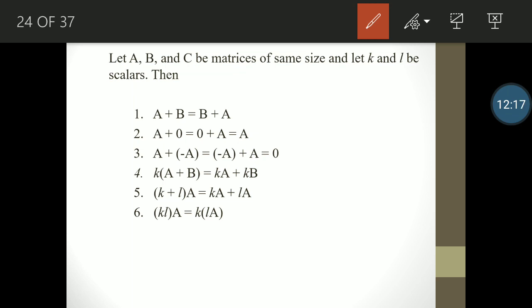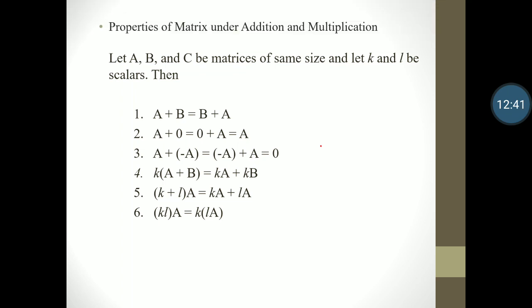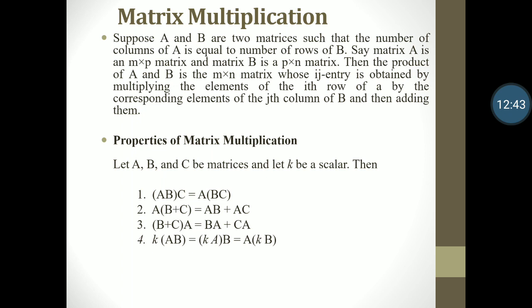Next, the product of two scalars multiplied with our matrix will be equal to the first scalar multiplied with our matrix, and that result multiplied by the second scalar. So all these are the properties of addition and multiplication with our matrix.